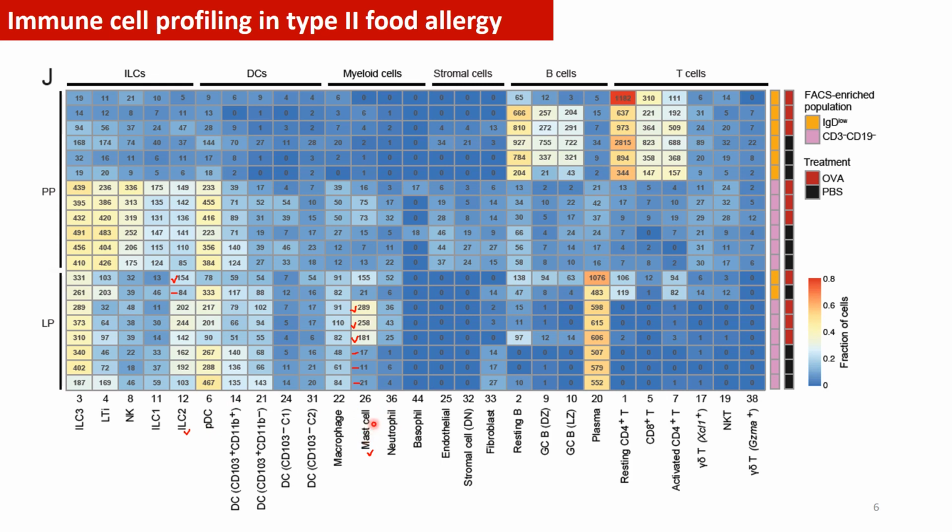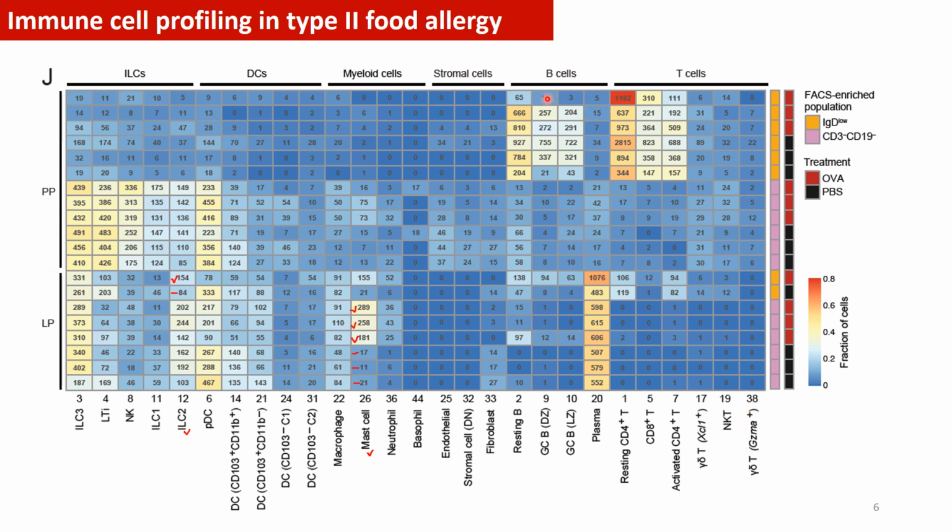ILC2 and mast cells are significantly increased in OVA groups compared to the control PBS group, as you can see here. And there are 27 cell types systematically analyzed.